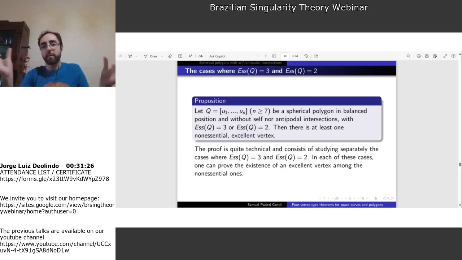At first sight it might seem obvious, but the problem with the proof is that it's hard to define an algorithm to detect this vertex. This is the most difficult part of the proof. I'm not going to show it here, but once we admit this proposition, the theorem will be proved, because this is what remained for the induction argument to work.